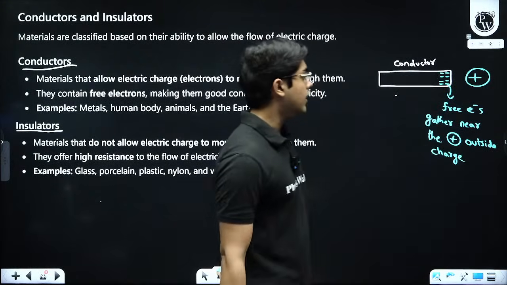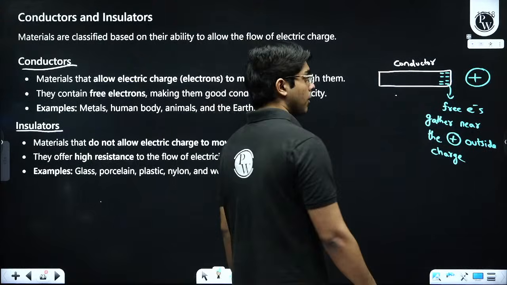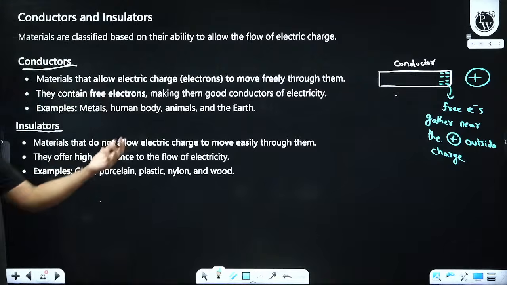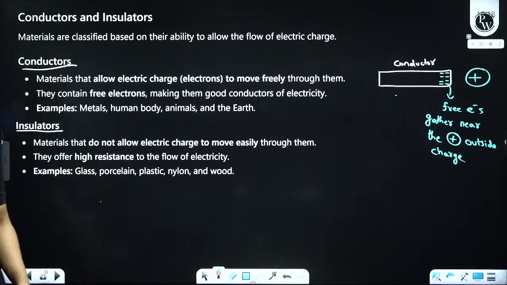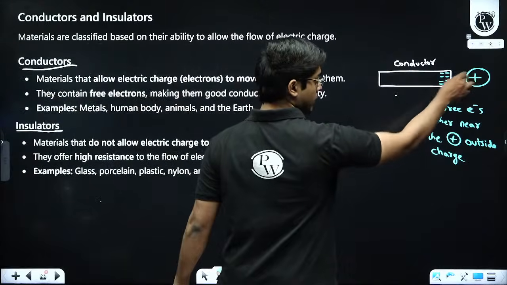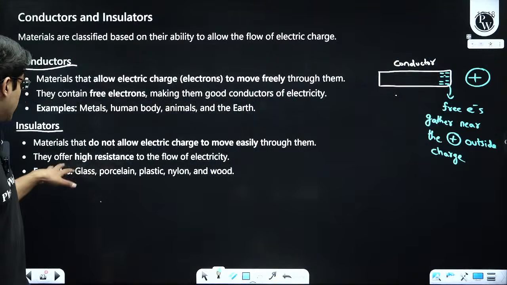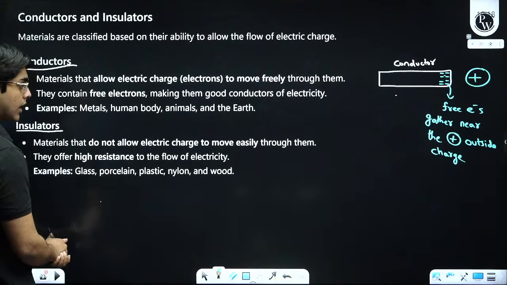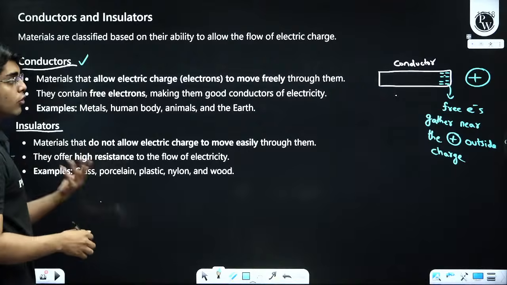A conductor allows electrons to freely move inside the material, but an insulator does not. Okay, if you bring a positive charge like that in front of an insulating material, the electrons just cannot respond to that plus and run away to one side. Okay, so insulators, you can just say that the electrons are rigidly attached inside the atoms and they cannot freely flow, whereas conductors allow the free flow of electrons.